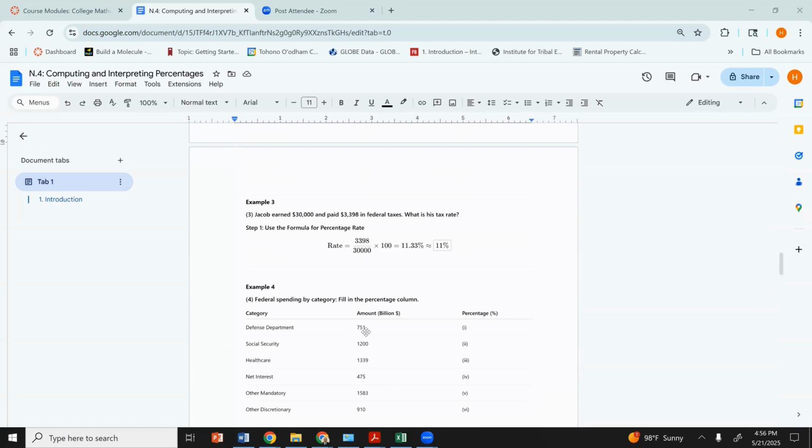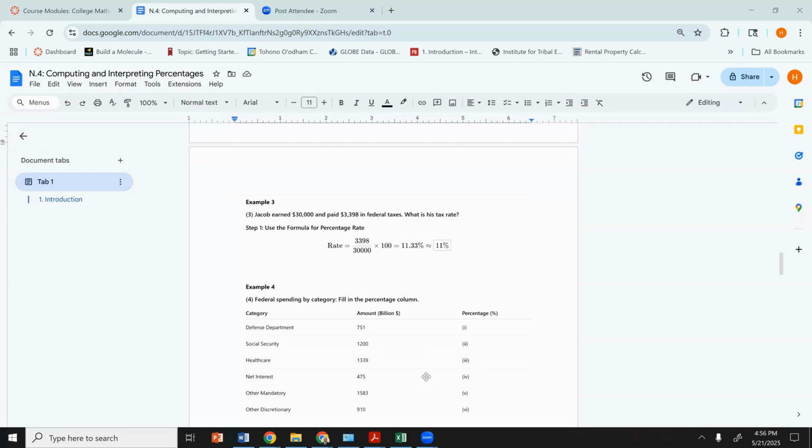the 751 divided by 6258 times 100. That's going to give you some percentage there. And then you can do the same thing for Social Security, the 1200 divided by 6258 times 100. Right, so that's going to give you some percentage here.